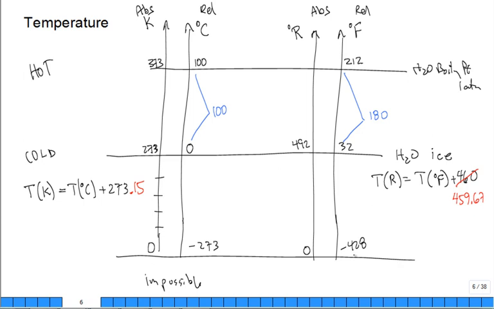Here's a little hint. The number of temperature increments between positive 492 and 0 is 492, just like there were 180 increments between 32 and the boiling point. So this has to be how many increments? 492. So I subtract 492 from 32, and what do we get?